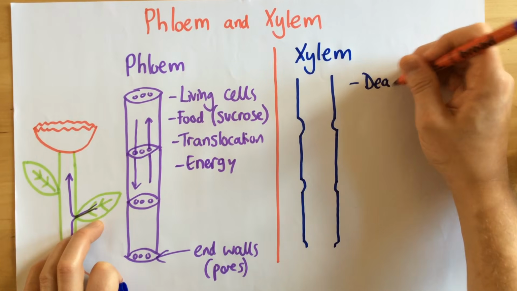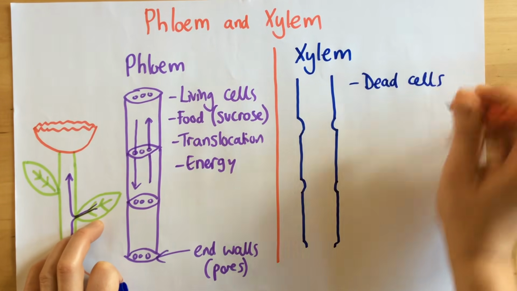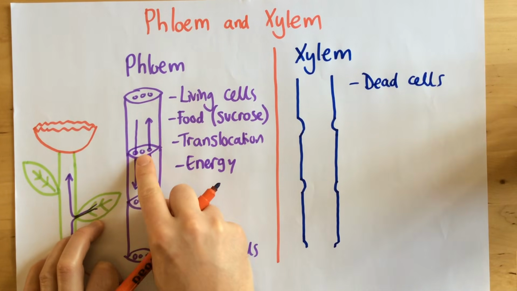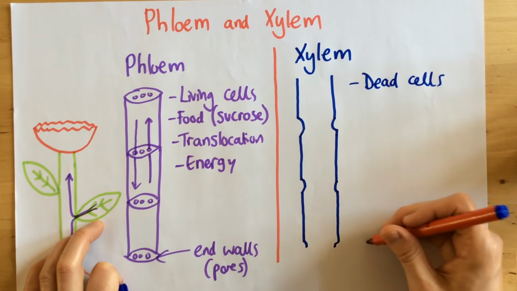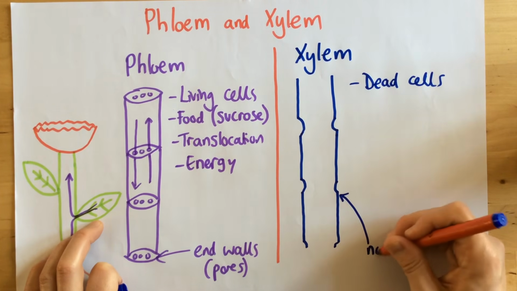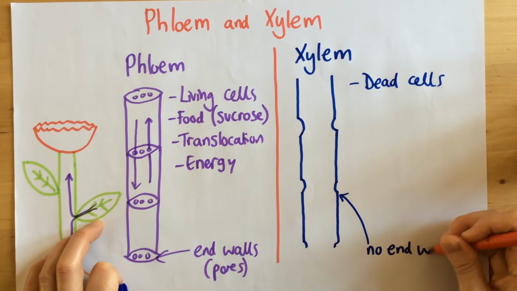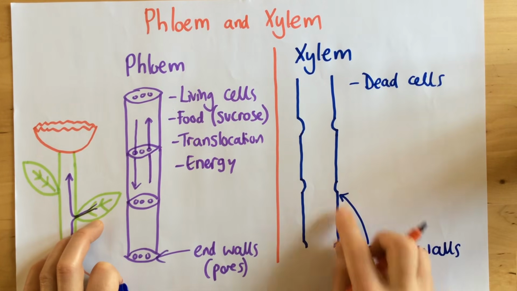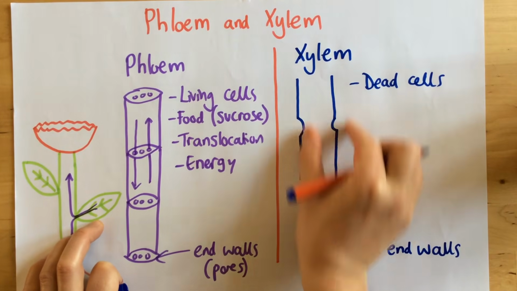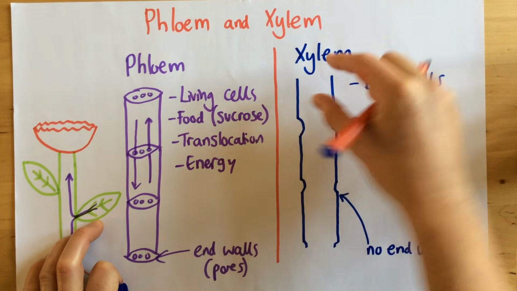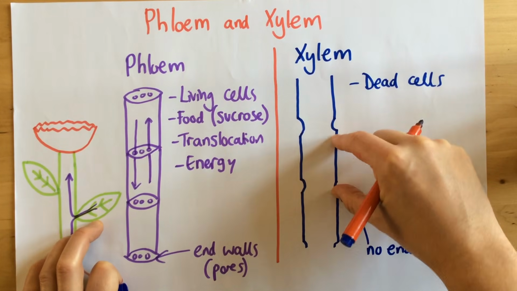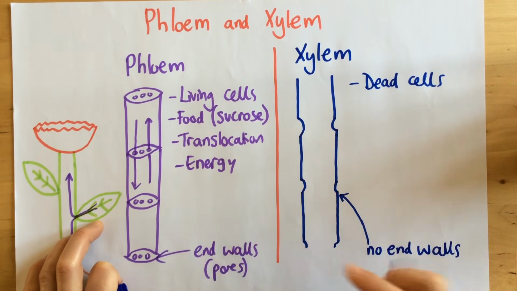They are dead cells. If we look at the phloem tubes, you can see that they all have end walls. If you look at the xylem, we could see that there are no end walls at all. So it's essentially a long hollow tube made of lots of dead cells laid end to end. So there's several here. I can see 3 different ones I've shown here, okay?